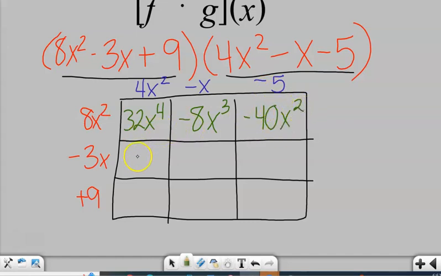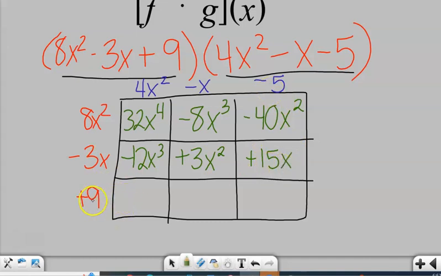All right, on the second row, negative 3x times 4x squared would give us negative 12x to the 3rd. In the middle, negative 3x times negative x would make a positive 3x squared. Because again, remember, we're adding the exponents. Going to the last box on this row, we have negative 3x times negative 5, which is positive 15x.